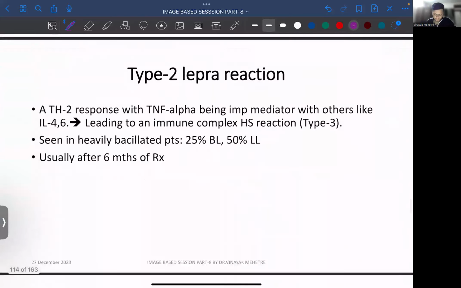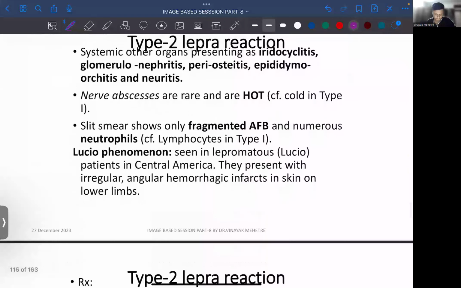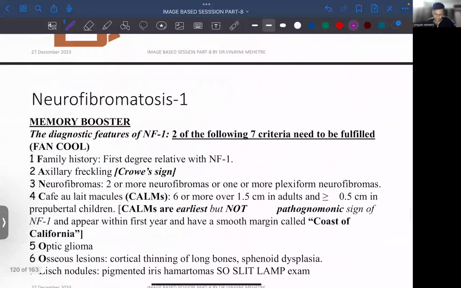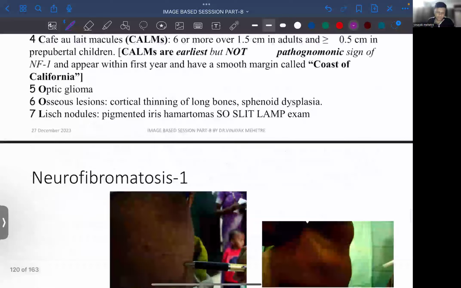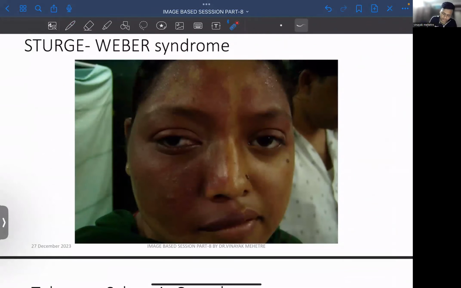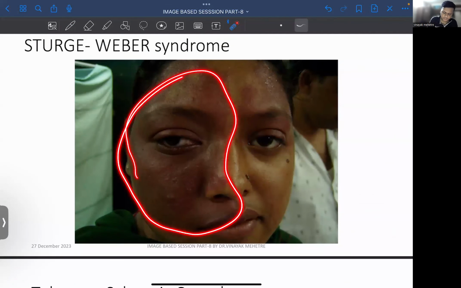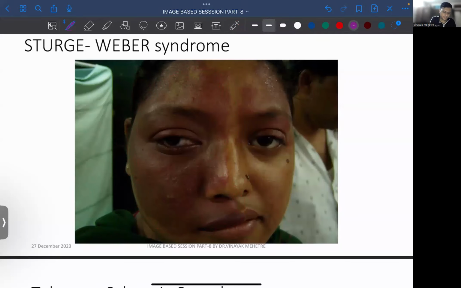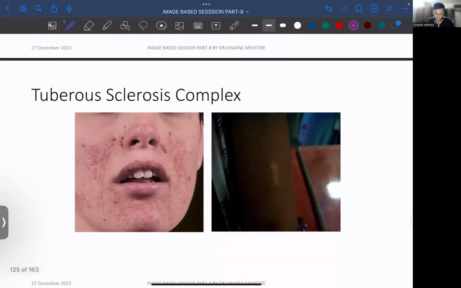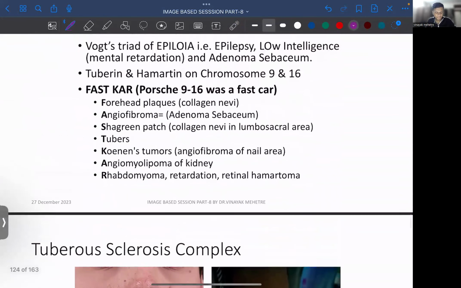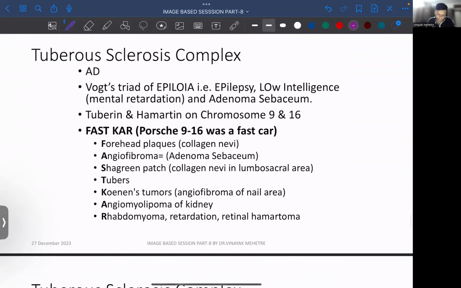चलो आगे बढ़े. Read this, it is easy. This is called as port wine stain, right? Port wine stain will be seen in Sturge-Weber syndrome. ठीक है? Okay. You should know this.